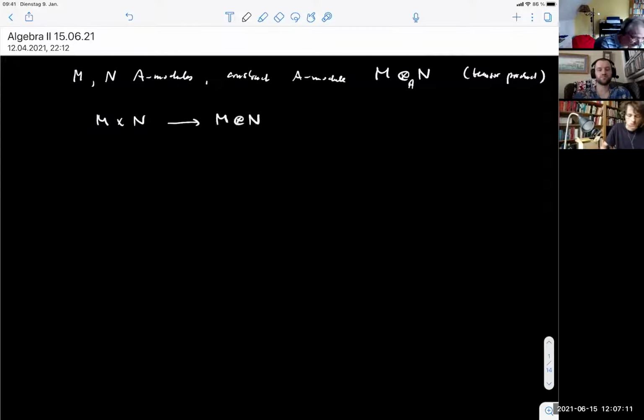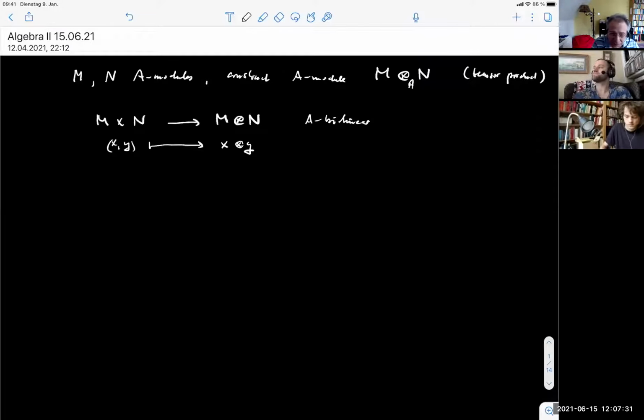So here I have a map, (x, y) goes to something which is also denoted with this product symbol. So this is a bilinear map, and it's universal in the following sense.